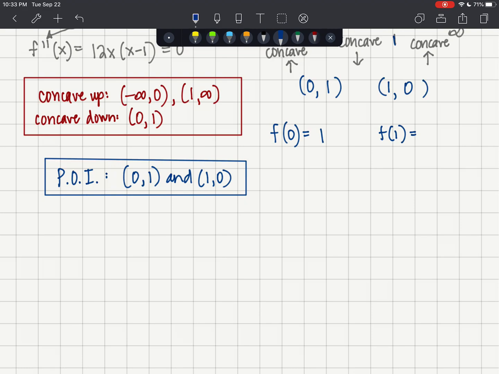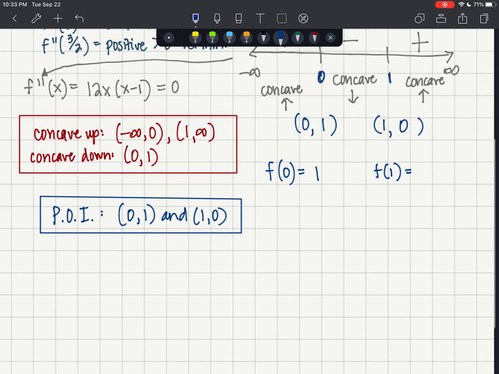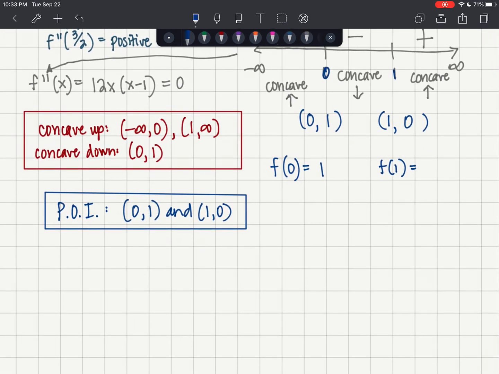We could sketch our concave upward and our concave downwards. We could locate the relative minimum. It's fantastic what's going on here. It's truly fantastic. So much so, I'm just going to show you, because you've got to get this picture in your head.